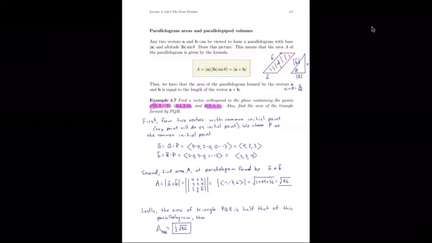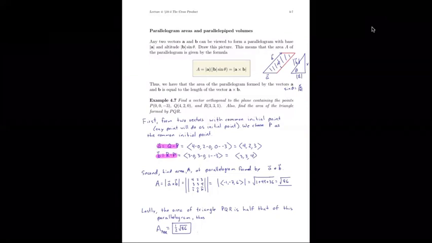First we need to come up with 2 vectors with a common initial point, and any of those 3 points will do as the common initial point. So we'll choose P arbitrarily. And that means we'll take A to be Q minus P and B to be R minus P.